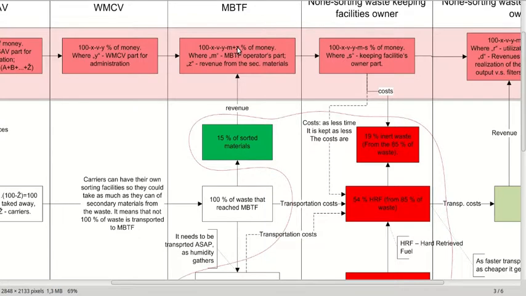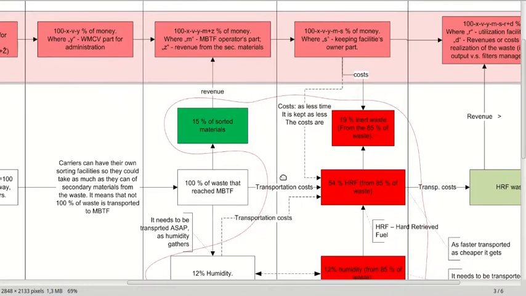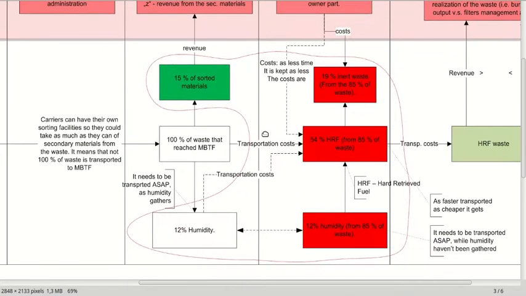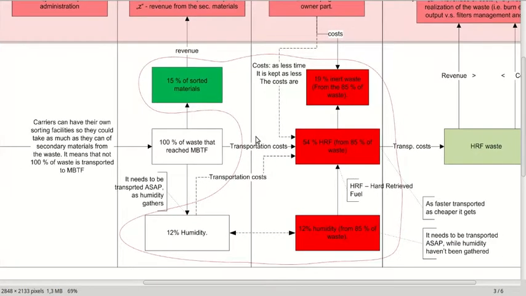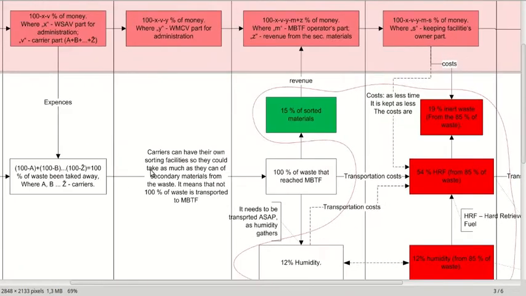If that were big enough, it would cover the cost and even make some addition. That would be great, but I don't think you can squeeze that kind of money from 15% of all materials, unless it's gold or other expensive metals, which could be taken by carriers on that part.